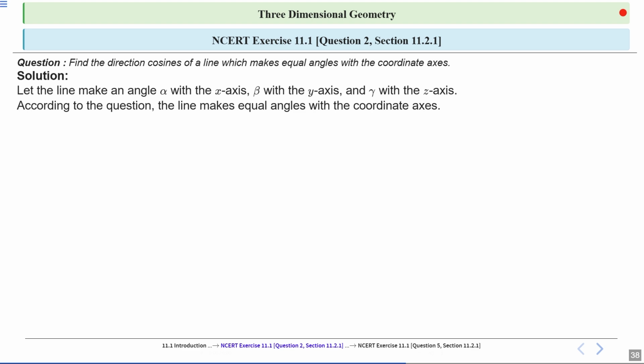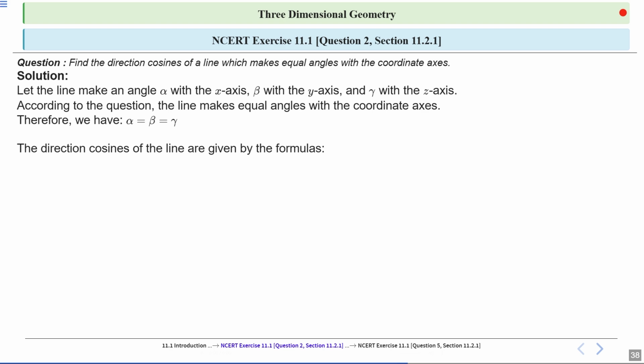That means the angles with the x-axis, the y-axis, and the z-axis are all the same. So we can write that alpha equals beta equals gamma. This is a key point because it means the direction cosine for each axis will also be equal.